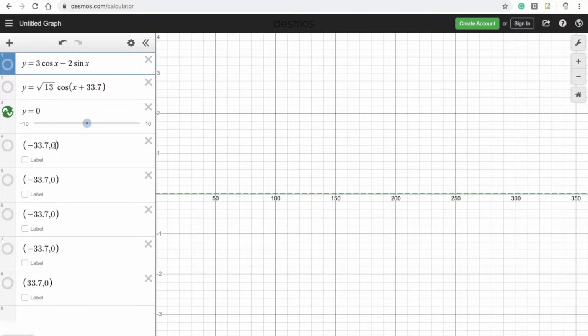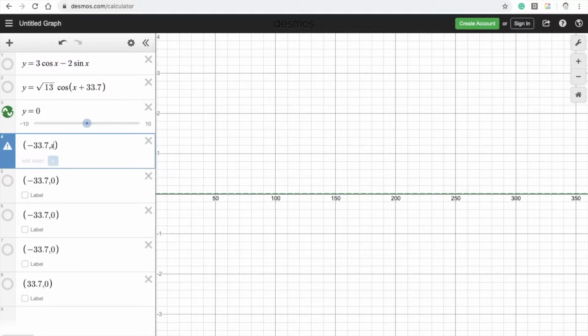Now, because it's a cosine, it's going to start at the top, which is going to be root 13, because that is my amplitude. We can't see that point because our domain is from 0 to 360, but this is how I would do it by hand. I just make sure I wouldn't include that part. My period for this cosine function is 360 degrees, so a quarter of that is 90.